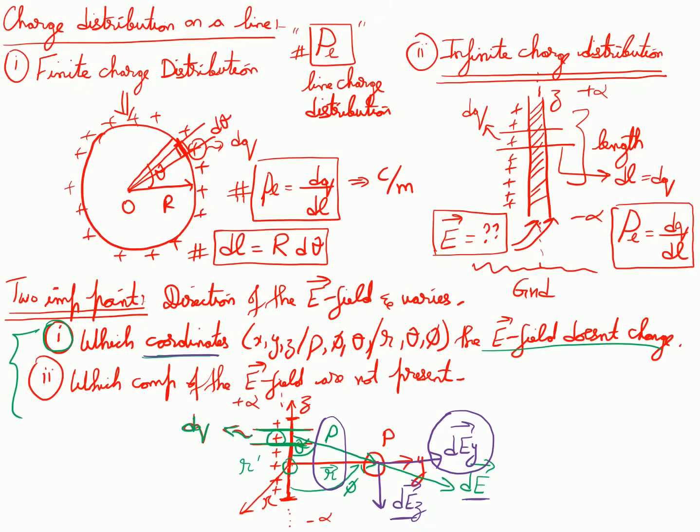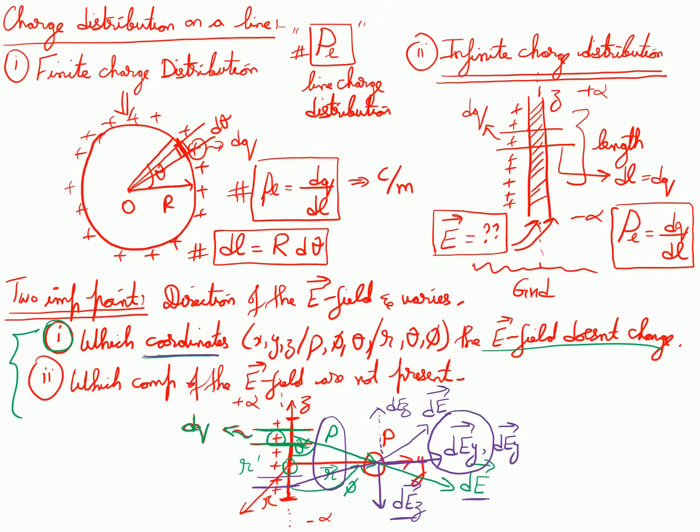Why? Let us say now I select another charge dq but along the negative z-axis. If this charge is selected, we want to see its effect on this point, which means that the electric field now will be in this direction. And if we again make two components of the electric field, one will again be along dEy, which is going to be the same as they are overlapping, but the other will be in dEz.